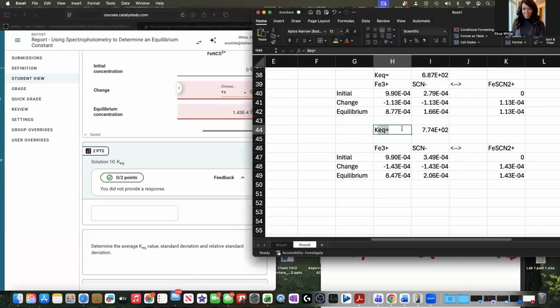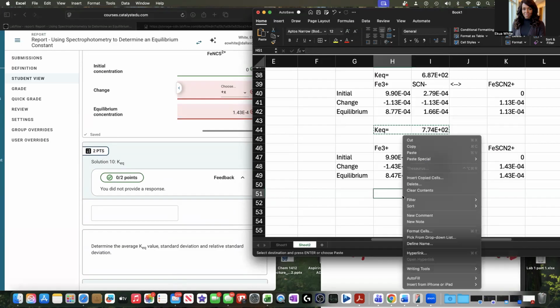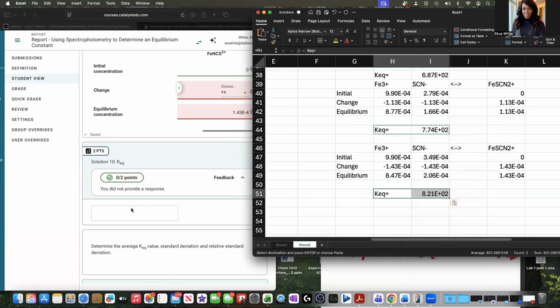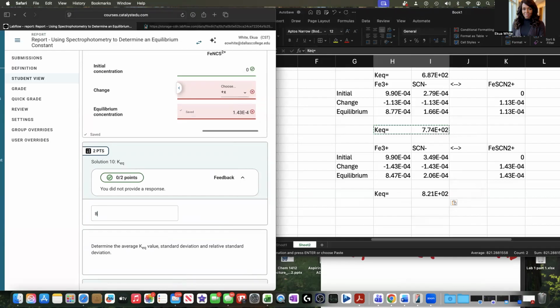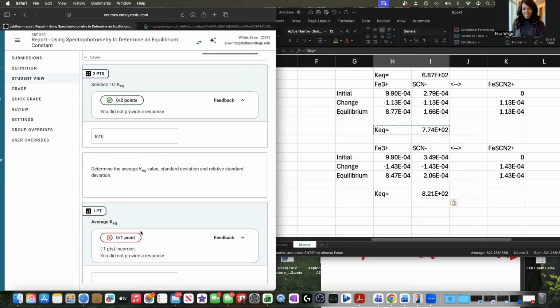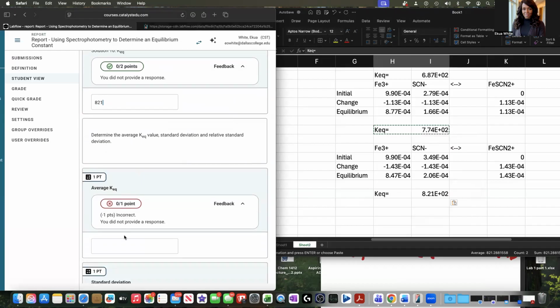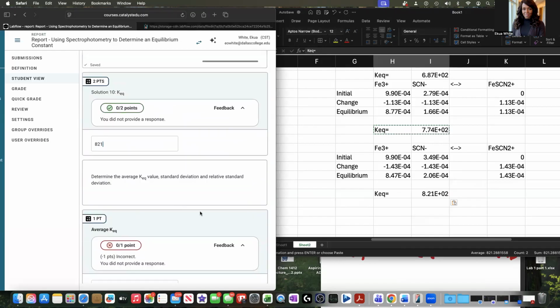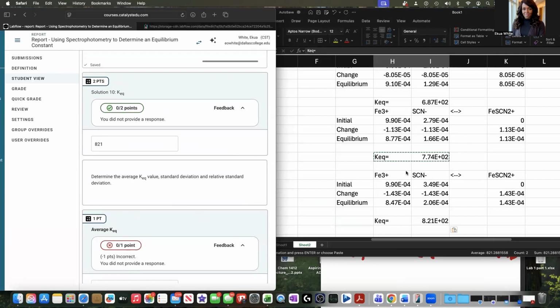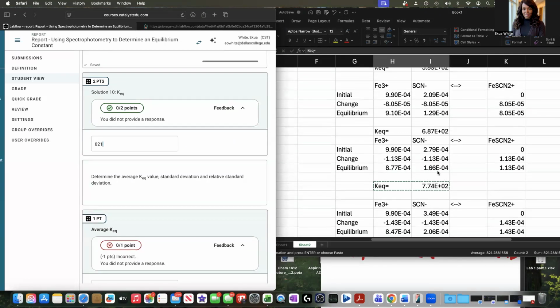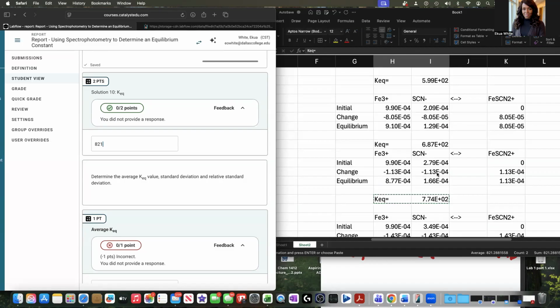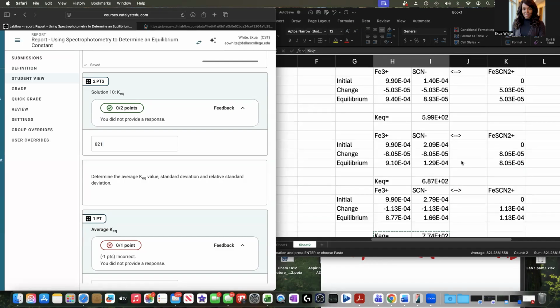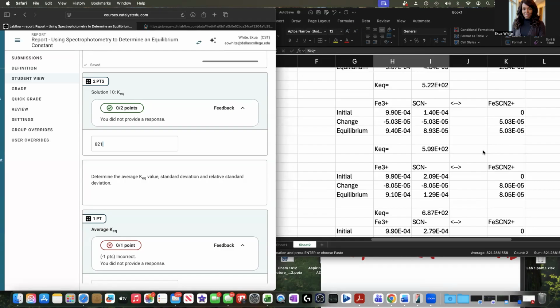Then we have to figure out what the K equilibrium is here. 821. Find the average equilibrium. So our average, we got 821, 774. Doesn't seem very constant, right? 687, 599, 522.